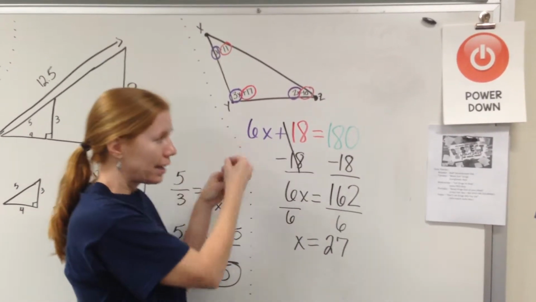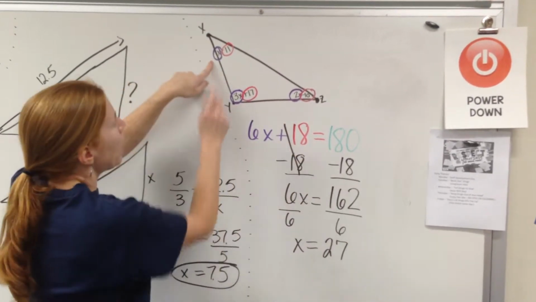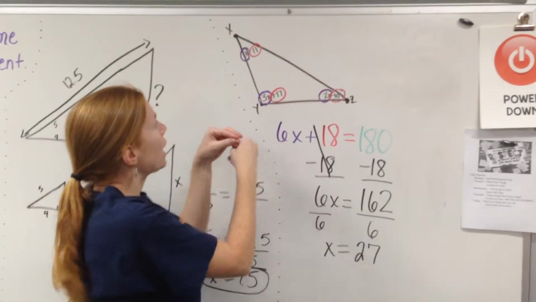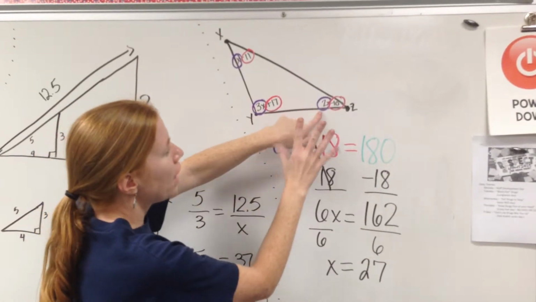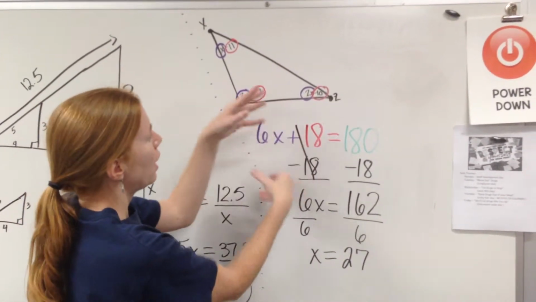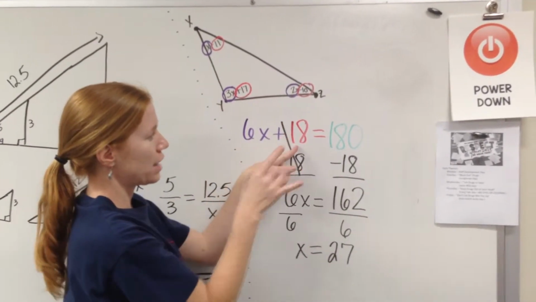We're going to add it all up to equal 180. So I have circled the x's, so I add that. I have 3 here, there's one more, that's 4, 5, 6. 6 x's plus, and then I add up those 3 numbers, that equals 18.